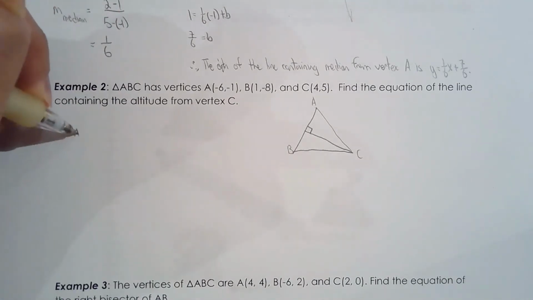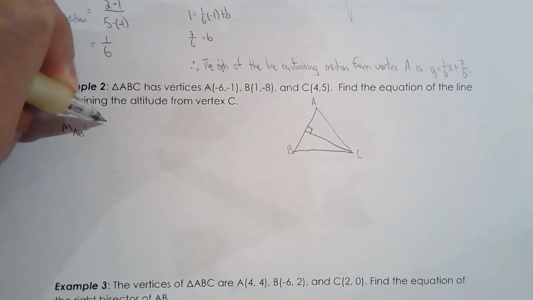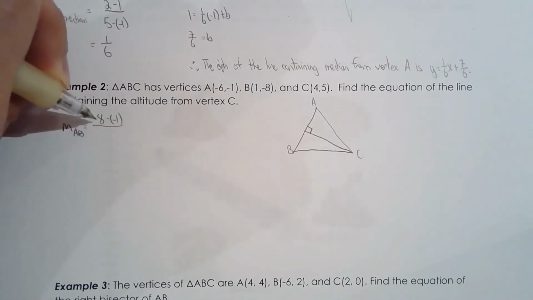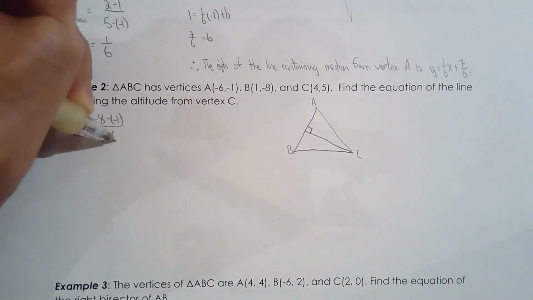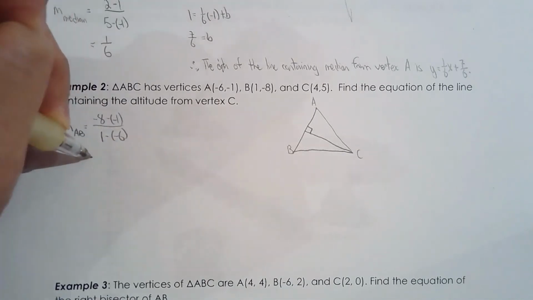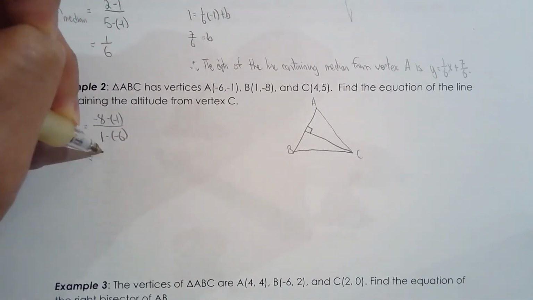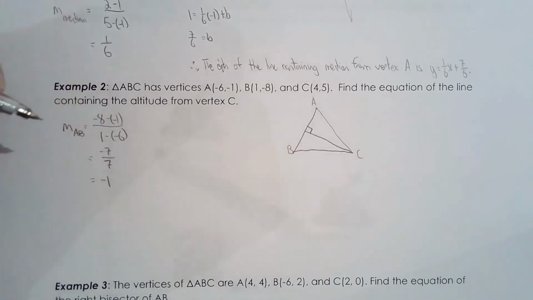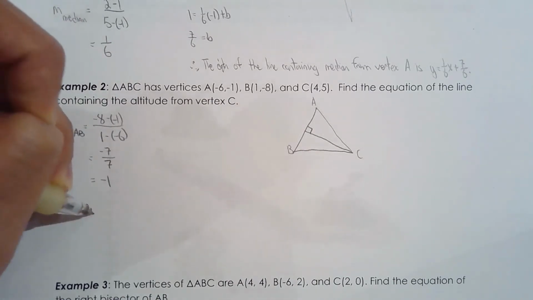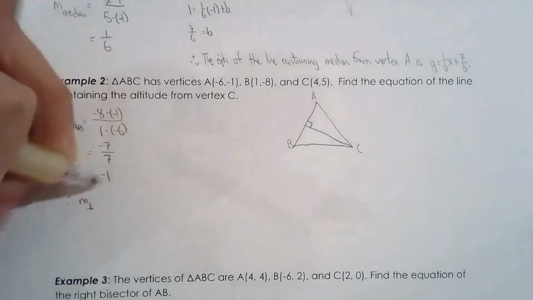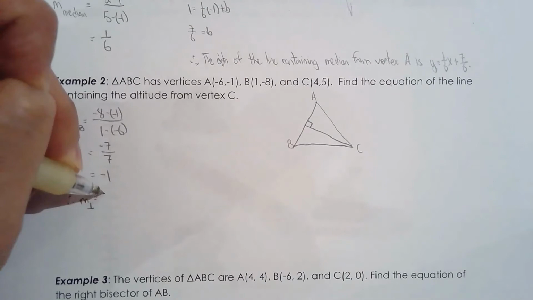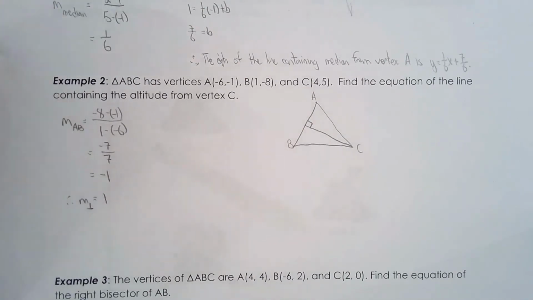So slope of AB is equal to negative 8 minus negative 1 over 1 minus negative 6. So this is going to be negative 7 over 7, which is negative 1. Now if the slope of AB is negative 1, the slope which is perpendicular to AB must be positive 1, because negative 1 and 1 are negative reciprocals.